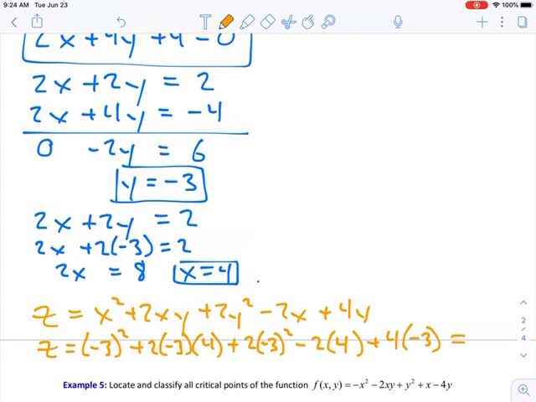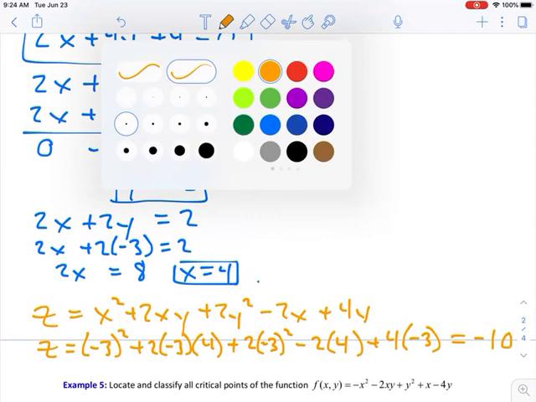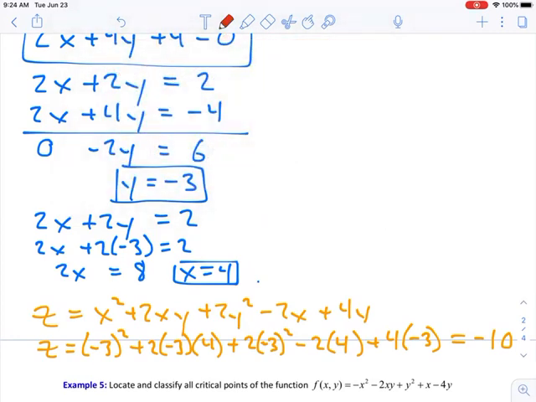And that's going to end up being equal to negative 10 once you do the arithmetic. So we have our point. We have the point 4, negative 3, negative 10.